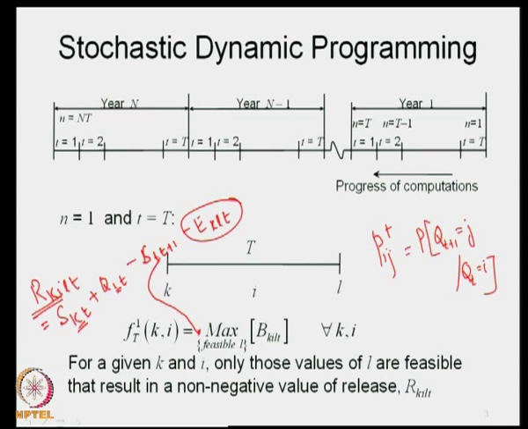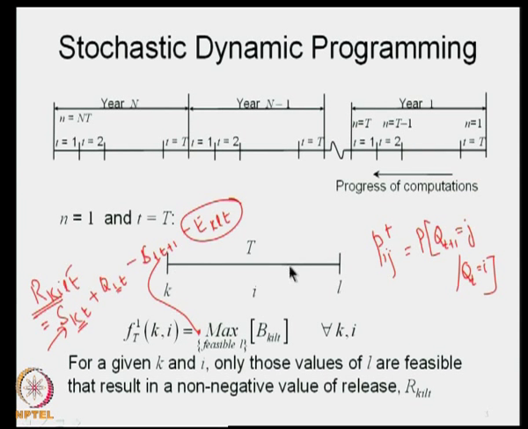So, if your R(k,I,L,t) as defined by this equation becomes negative, that particular value of L becomes infeasible. So, we are making the search over only those values of L which result in a non-negative value of the release R(k,I,L,t) as defined by this. So, that is what I mean by feasible L.